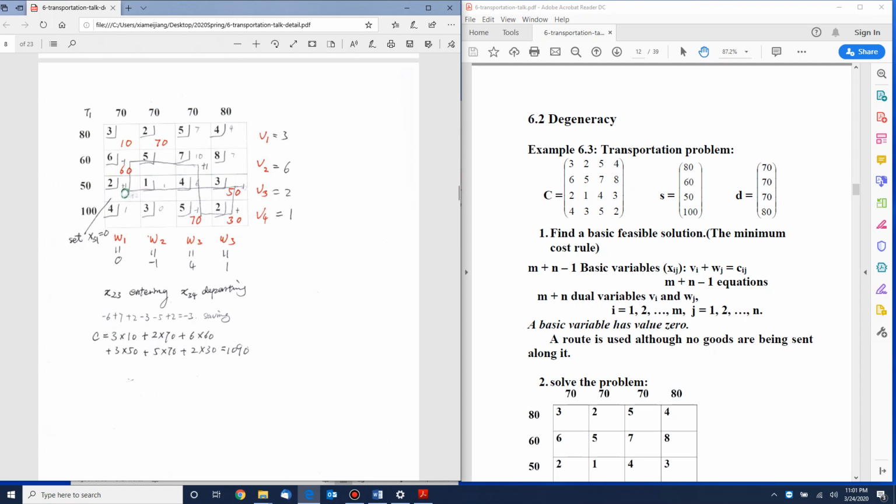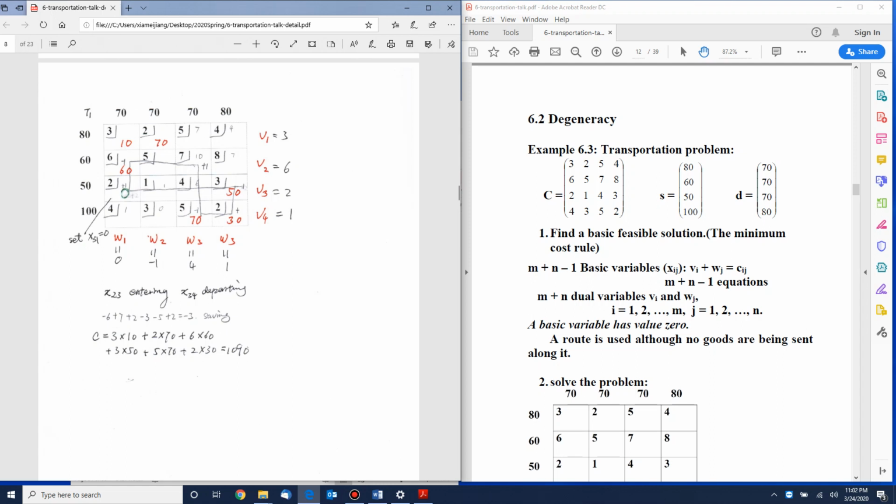Now we are moving to the third row. The third row has 2, 1, 4, 3. So 1 is the cheapest one, but market 2 and market 1 are all filled, right? All are filled. So in this way, we move to the 3.